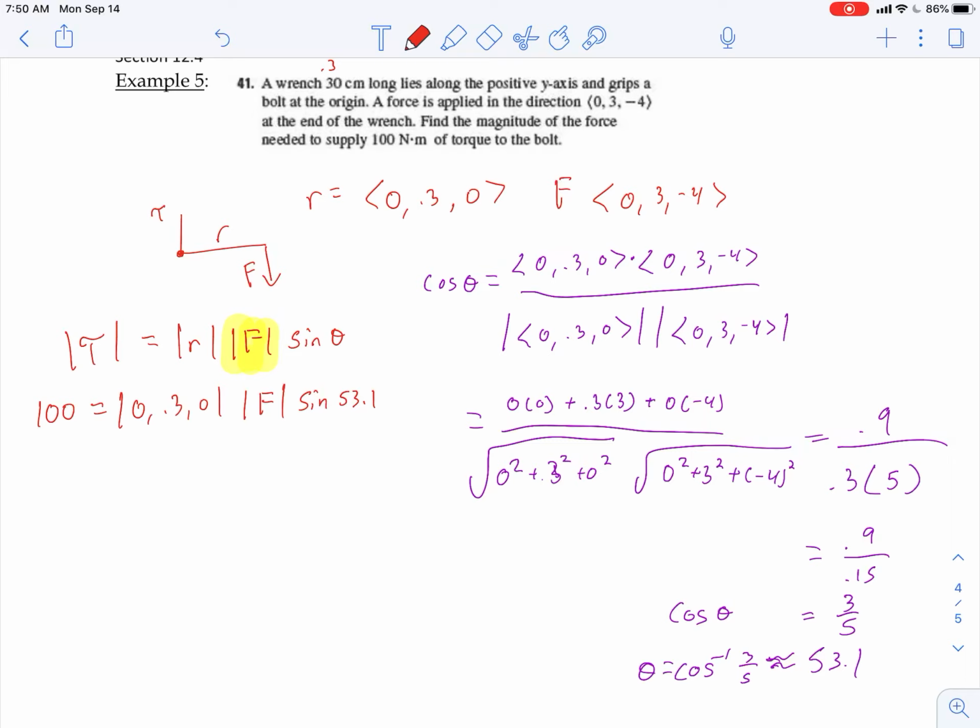Alright, so now let's do some math. We're going to solve for the magnitude of our force, and we have 100 divided by 0.3 times sine of 53.1. If you're asking where this 0.3 came from, it's our magnitude of r that we found over here.